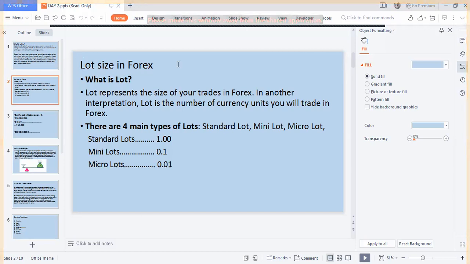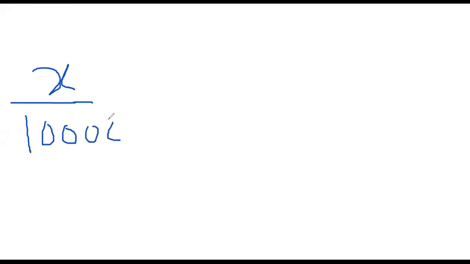Let's do our mathematics. I used to tell my participants that there's a formula for lot size which has really been helpful. The lot size formula is X over 10,000, where X is the unknown.